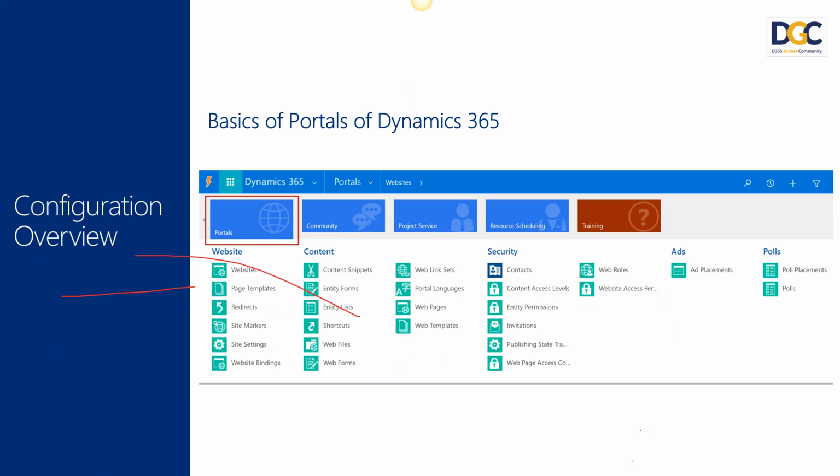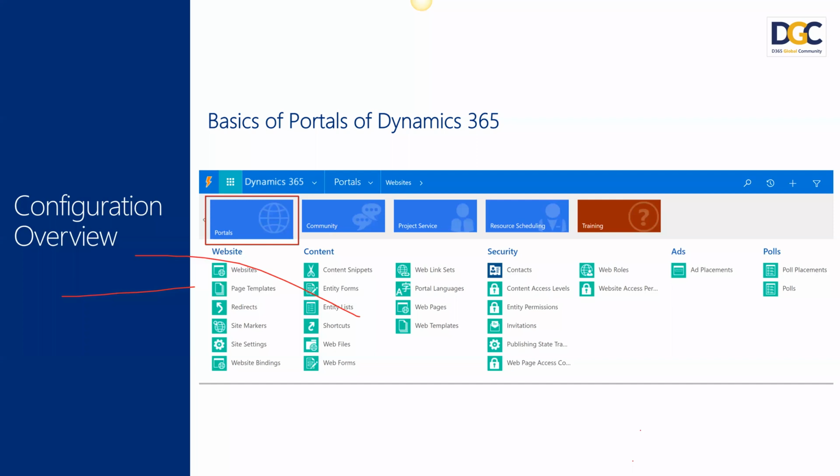Through parent and child relationships to other web pages, this entity forms the hierarchy of the website. We will see that when we do the demo. I will come back and explain what web pages are and how the hierarchy of a website works, or basically it's a sitemap, you can say.